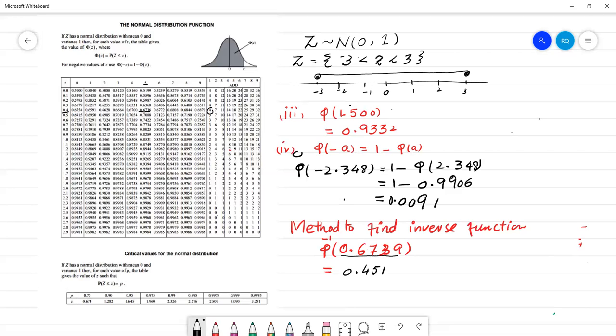One example, if the number is less than 0.5, what will you do?